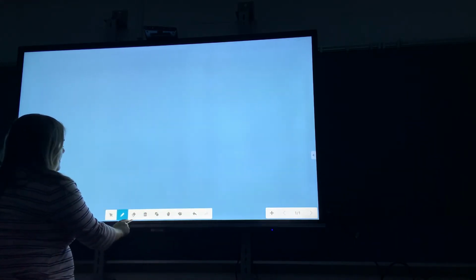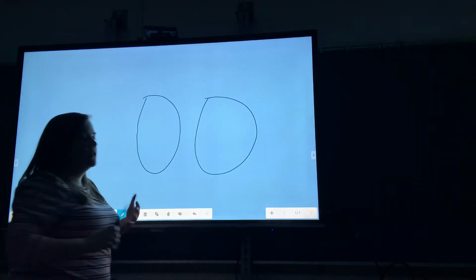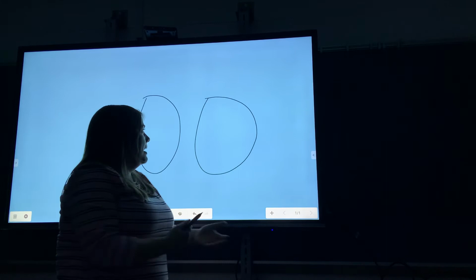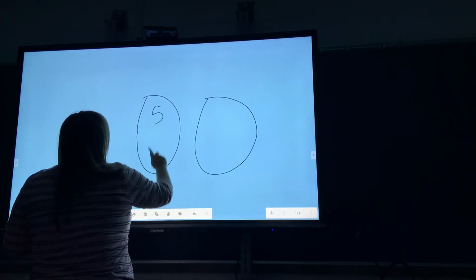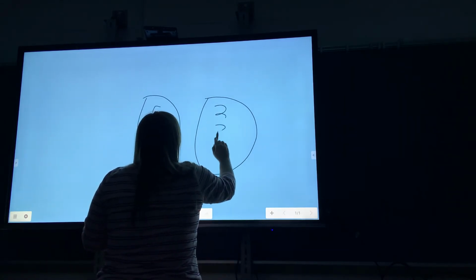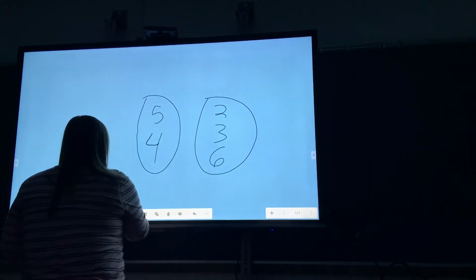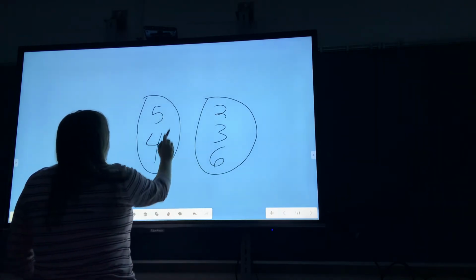So again, for mapping, an example of not a function: you'll have like a 5 and a 4, and you'll have like a 2, 3, 6.